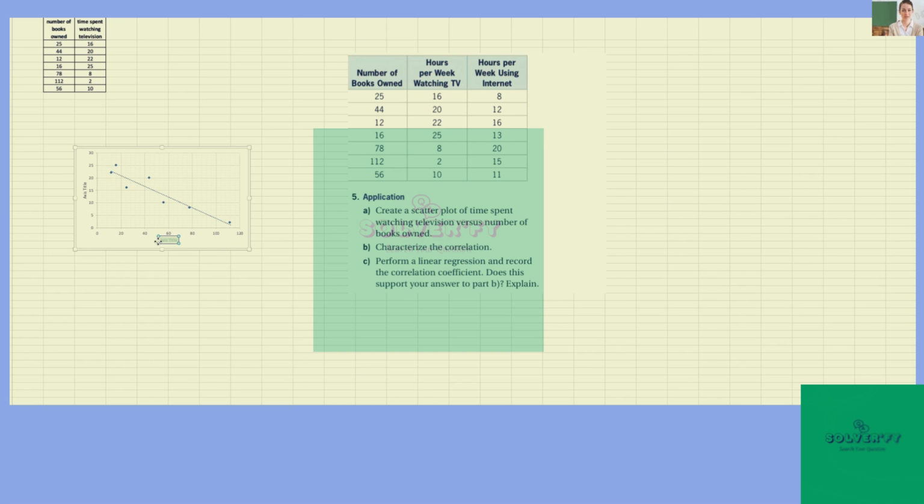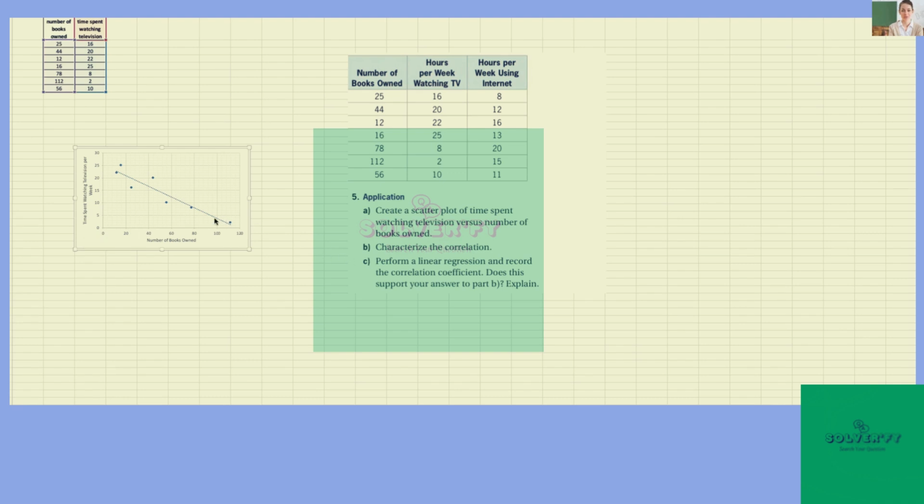We have my X, which is number of books owned, and my y-axis is time spent watching television per week. Okay.